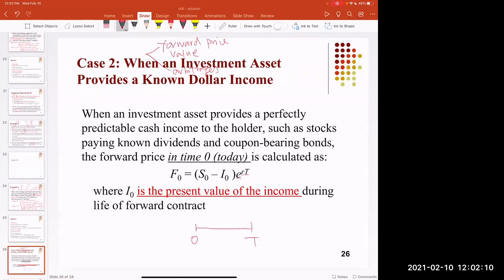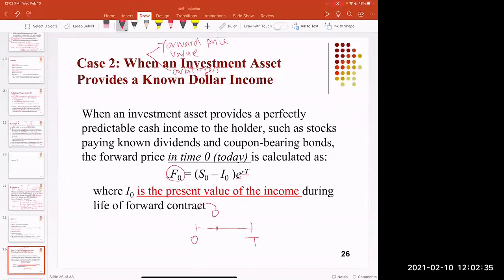When we talk about the forward price at time 0, so F0, the formula is similar. You can see very similar. What is I0? I0 is the income. So let's use D, because when we talk about stock, that's dividend. So D, the dividend, which is income. We calculate the income.